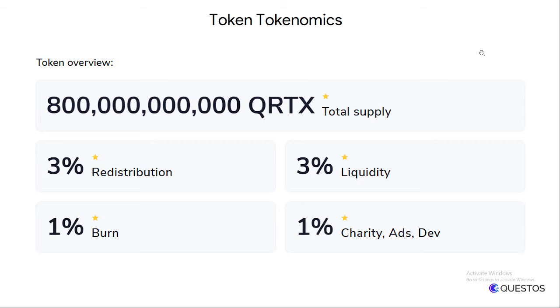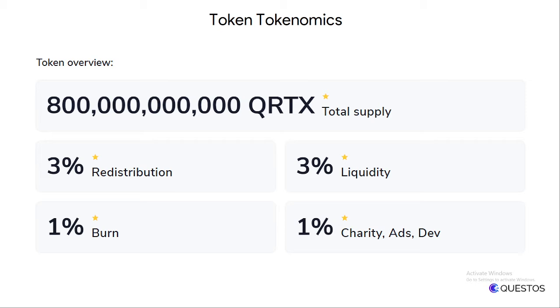So first of all, these are the actual tokenomics that we are using at the moment, or that we started with. When you look at it, first of all, you see that we have around 800 billion total supply. This is a lot, and this is one of the first problems, but we will go to this in the future.